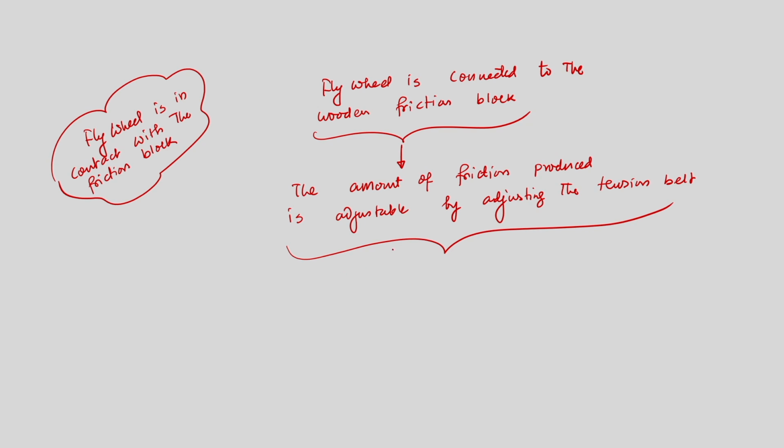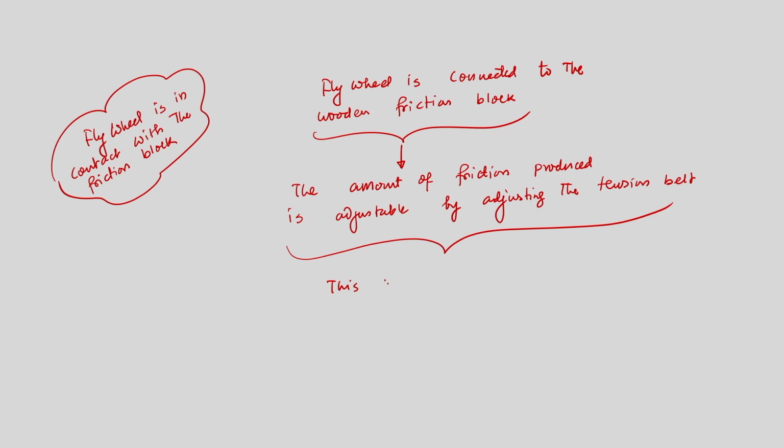Now, the flywheel is in contact with the friction block. That means, when it is in contact with the friction block, the flywheel is rotating at an angular speed omega, so the friction will be developed.